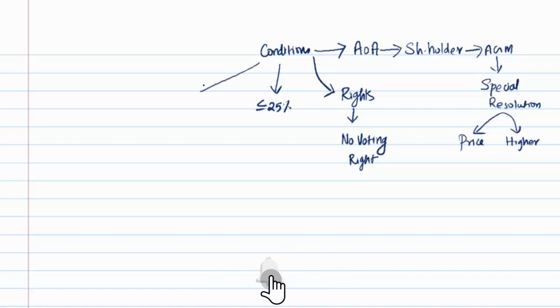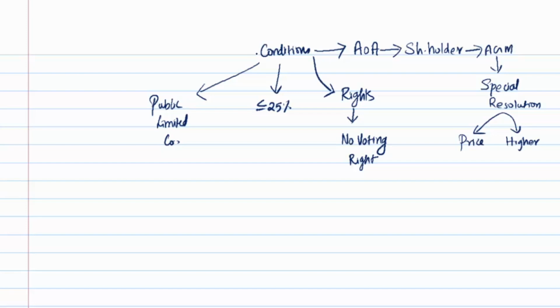And who can issue? Can every company issue equity shares with differential rights? Answer is no. Only public limited companies can issue equity shares with differential voting rights.